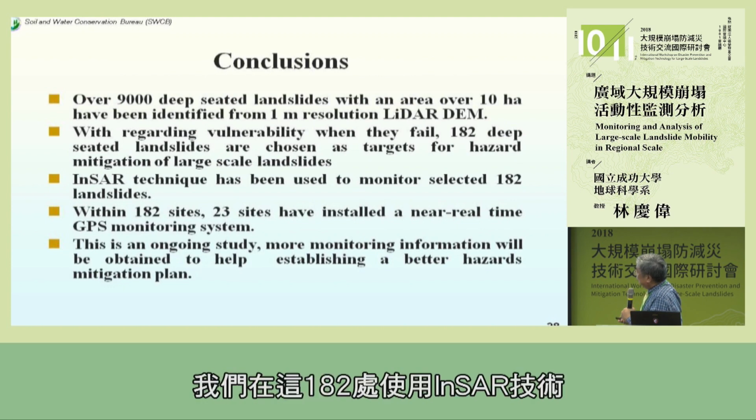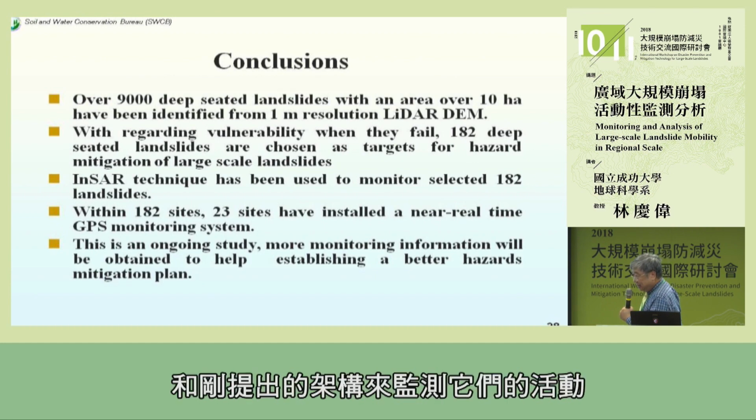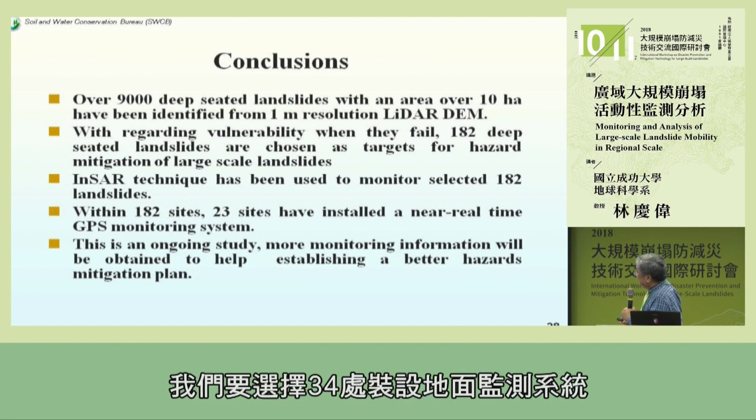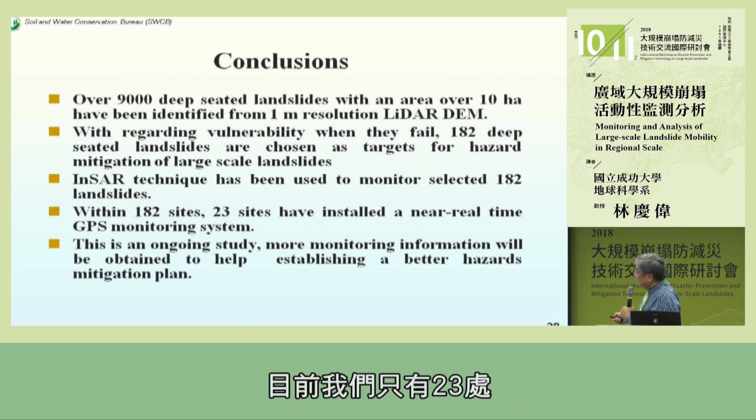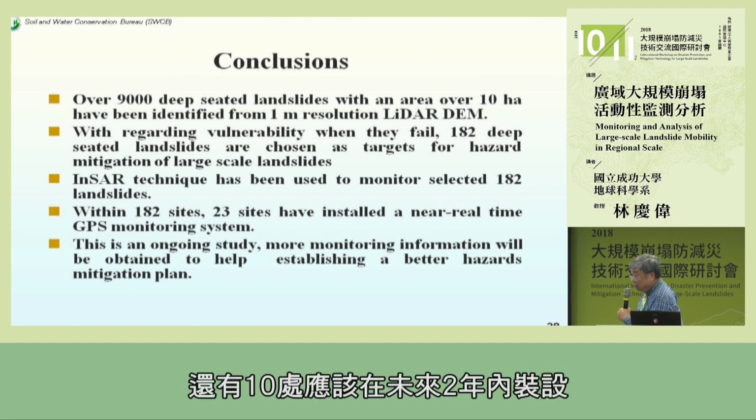Within the 182, using the InSAR technique to monitor their activity and the philosophy we just mentioned, we will select 34 sites to install a surface monitoring system. So far, we only have 23, and 10 more should be installed in the next 2 years.